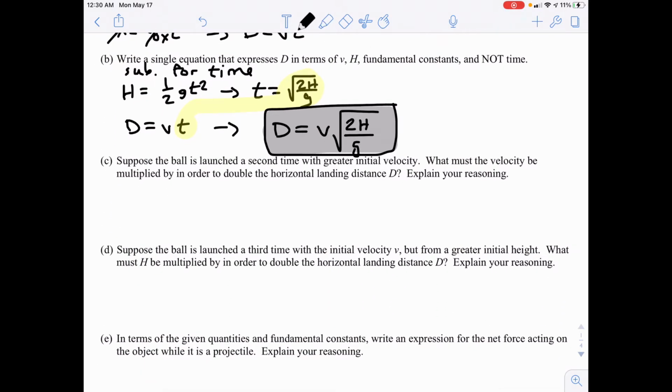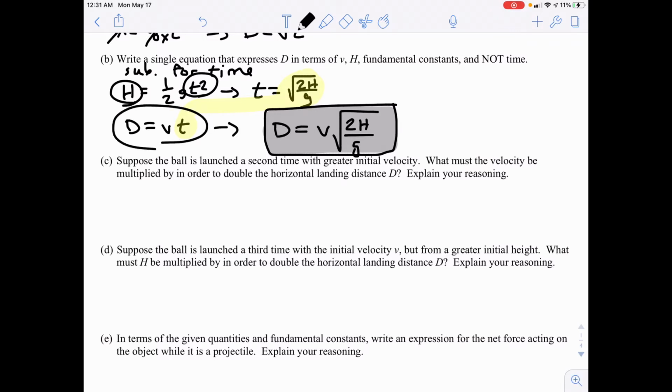Part C. Suppose the ball is launched a second time with a greater initial velocity. What must the velocity be multiplied by in order to double the horizontal landing distance? Well, we don't even need to look at time.